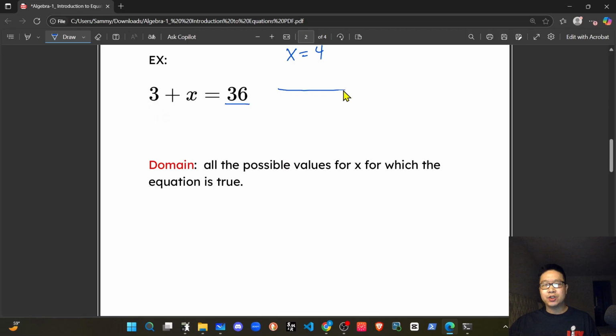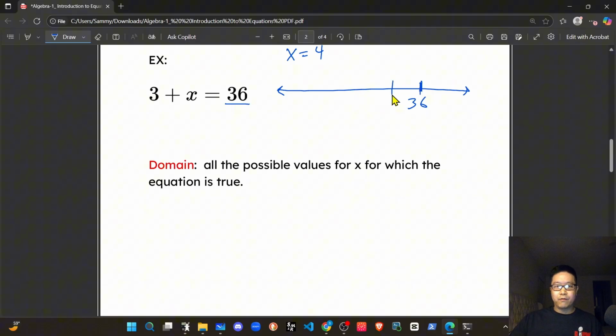So if you can imagine the number line, let's say we have 36 right here. And this equation is saying if we add 3, if we go 3 steps to the right, we get 36. Well, we can easily find out what we started with by going back 3 steps.